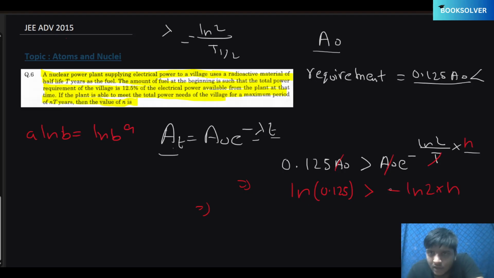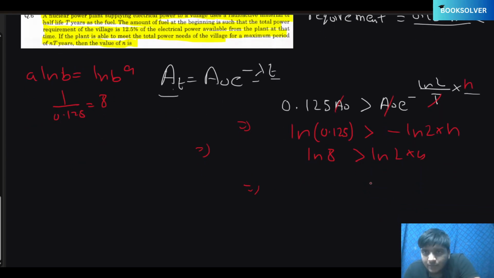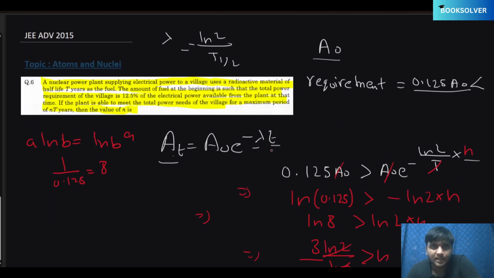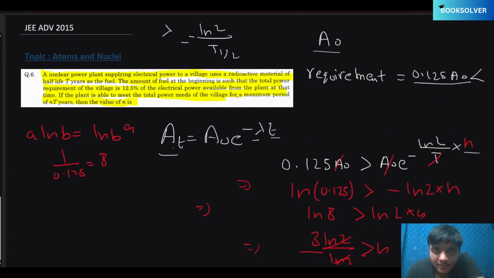So 1 by 0.125 is nothing but 8, and we can write ln 8 is greater than ln 2 into n. Dividing by ln 2, ln 8 is 3 times ln 2, so 3 is greater than n. It means at most the power plant will be sufficient for 3 half-lives, so 3 is the final answer here.